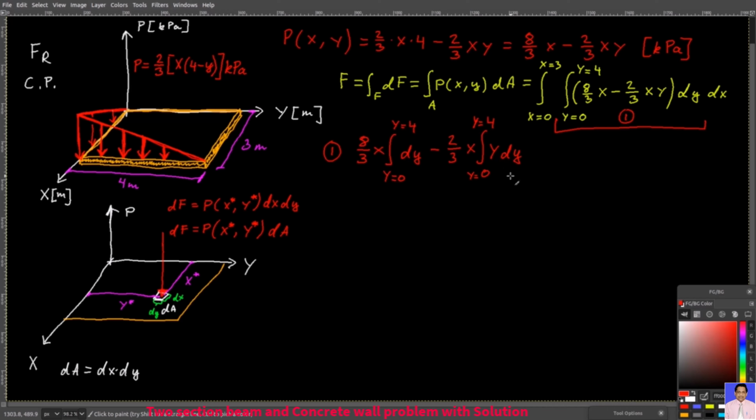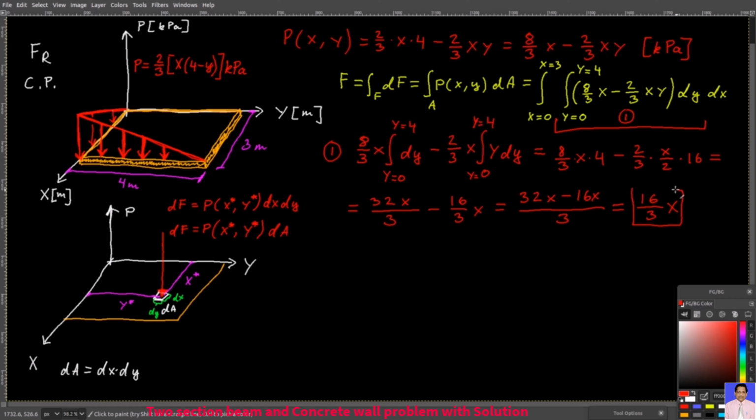Note that since I'm only dealing with the y dimension right now, I treat x's as constants, and so I can take them out of the integral. So if I evaluate this integral, then I will have this result, which will be this one or this one, and this here is my final result for this inner integral.